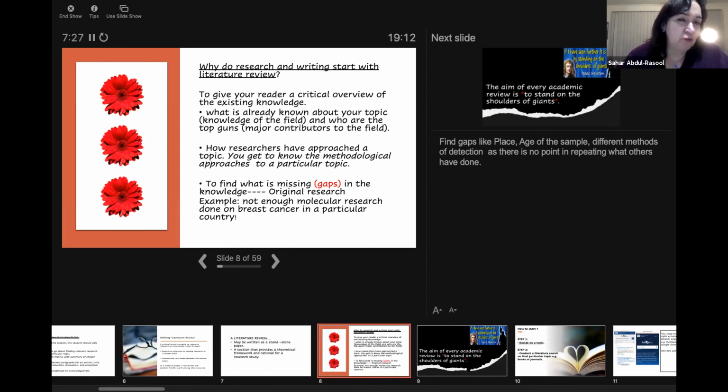Why does research start with the literature review? As I said, to give the reader a critical overview of the existing knowledge, what is already known in the field, and who the top guns in the field are. In every kind of research, there are certain researchers who are more prominent than others, maybe due to extensive publication.